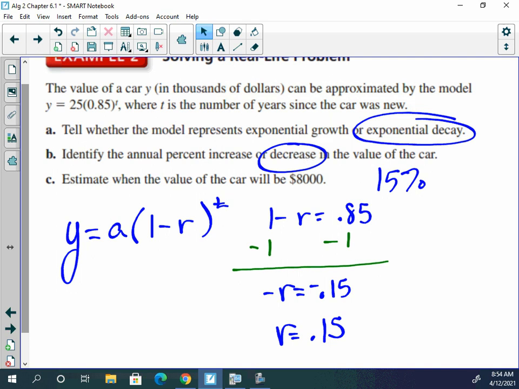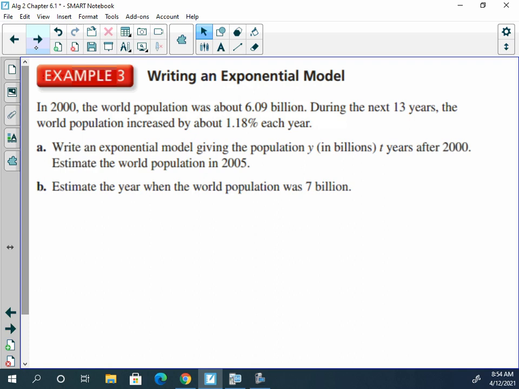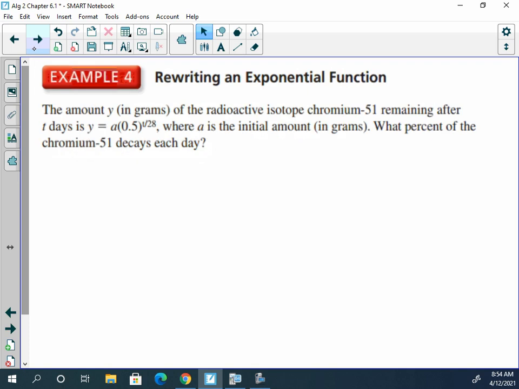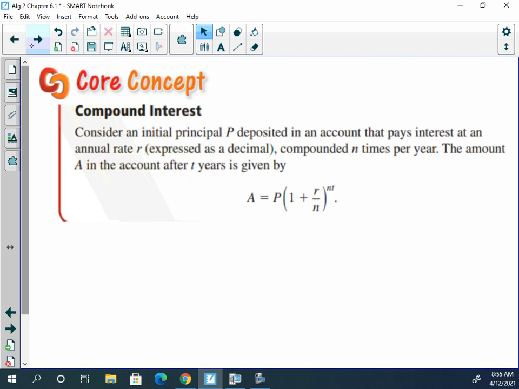And we can do that with other models, so we can talk about interest rates. How much will you earn per year? Radioactive isotope chromium-51, exponential decay, or half-life. We'll have the same thing here. And I could get more in depth with this, because if you've taken the PFL class or are taking it this year, this should be a familiar equation.